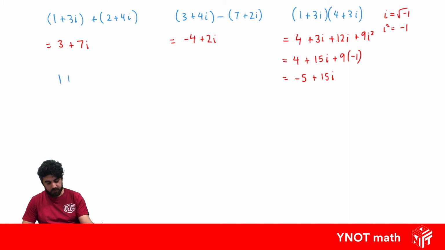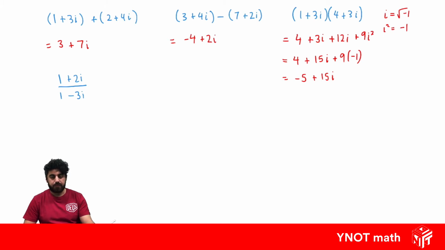What about 1 plus 2i divided by 1 minus 3i? When we have division of complex numbers, we can think about it just like surds, how in a surd we rationalize the denominator. So here we want to make the denominator purely real.